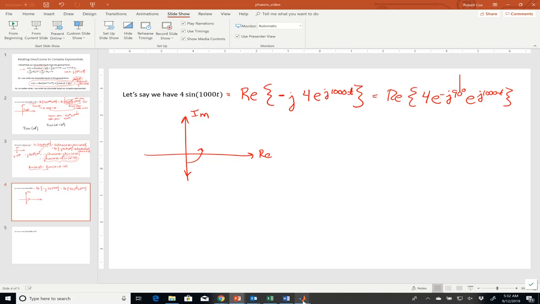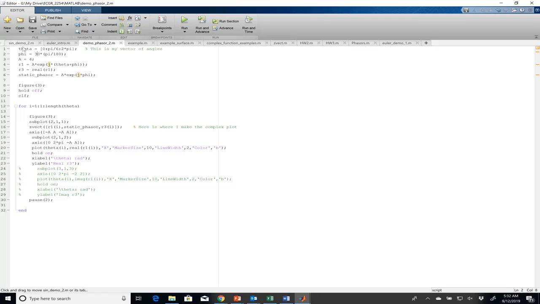look at my MATLAB again. All right, so in my MATLAB, right now what I'm doing is I'm plotting as a function of theta. Let's make my phi 0 degrees, my amplitude 4, and here's the expression I'm going to use: 4 times exponential j to the theta plus phi, and I'm going to multiply by minus j, and then my static phasor I'm going to multiply by minus j as well.